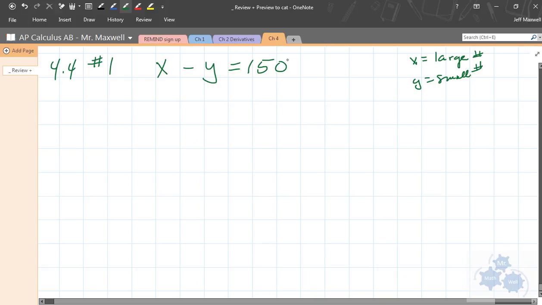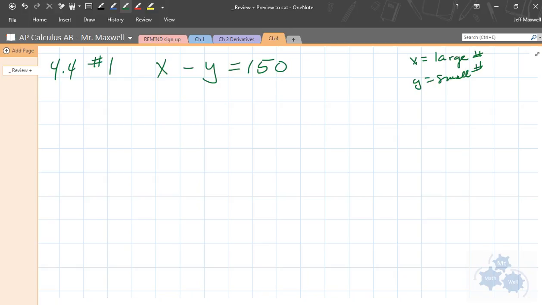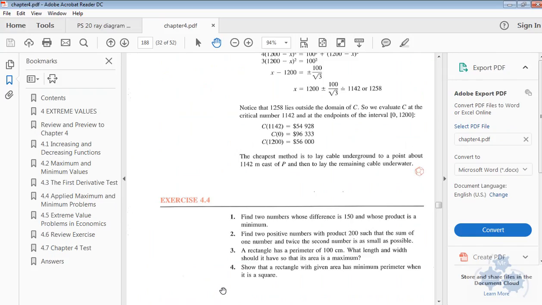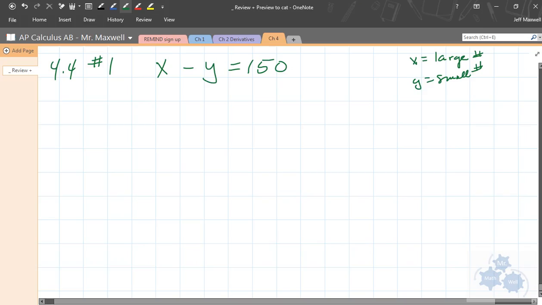Okay, got that? Good? Alright, and what we're trying to do is minimize the product. Product means multiplication. So the product is x times y.